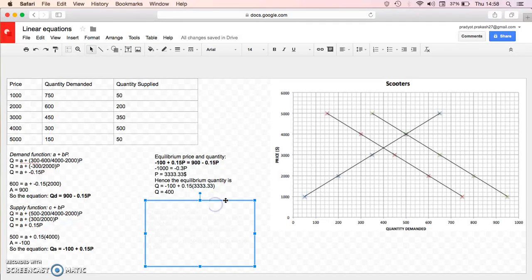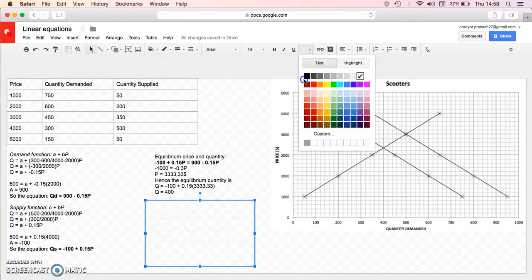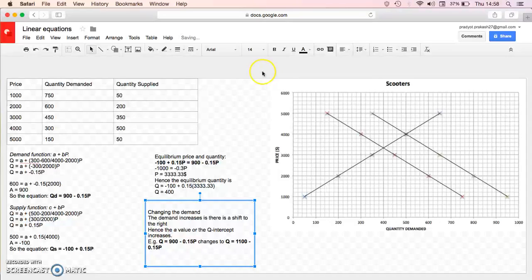Well, as you can see right here, the demand increases, so there's a shift to the right, hence the A value, or the Q-intercept, increases. Remember, the Q-intercept is the x-intercept here. It makes sense that if the demand shifts to the right, the line would intersect the x-axis at a later point. So we simply change the Q value, the A value.